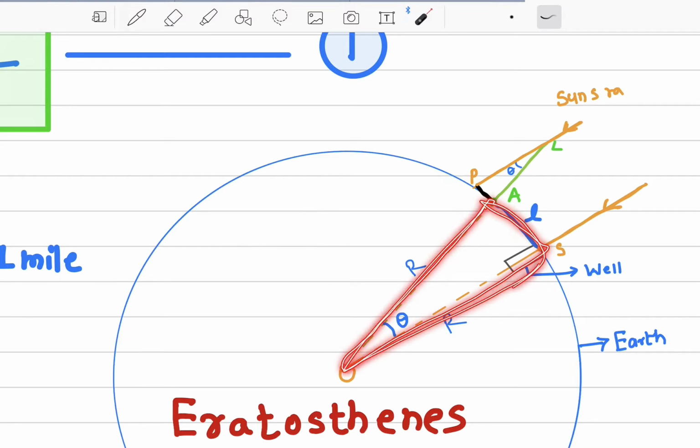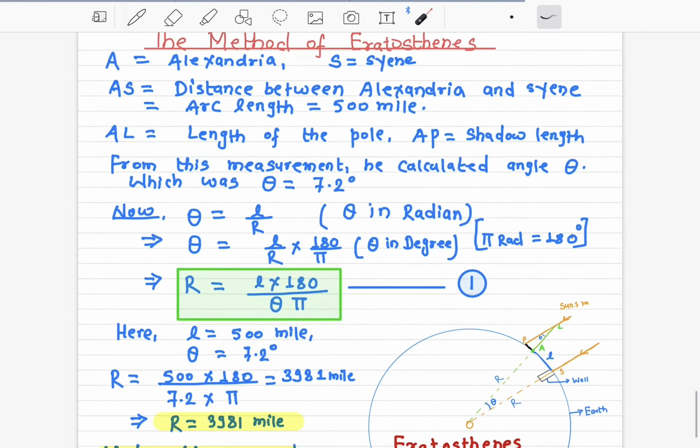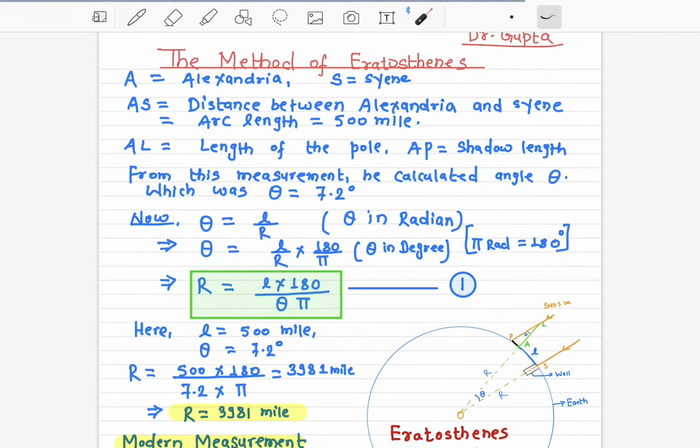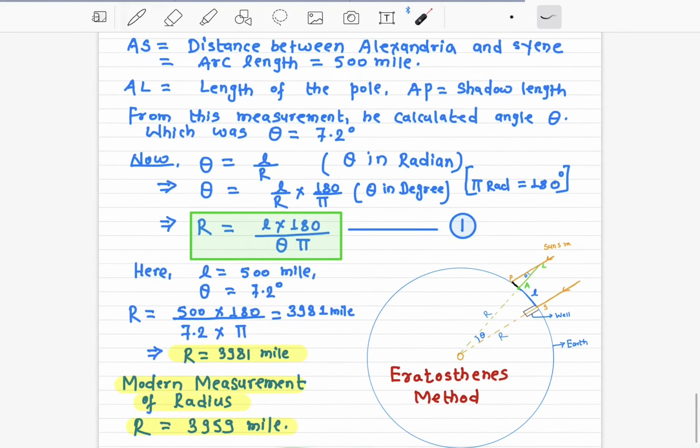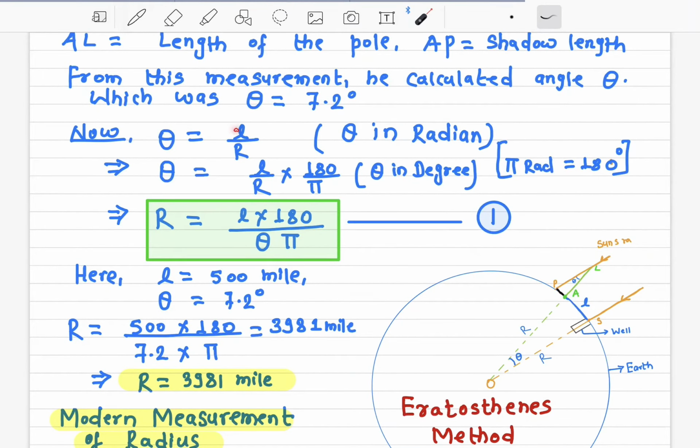Now let's focus on this sector here, this tiny sector compared to the Earth. In this tiny sector, we know this arc length and we know this angle. The relation is theta equals L over R. If you use L over R, that means theta is in radians, and he had measured in degrees, so we have to change the radians into degrees.